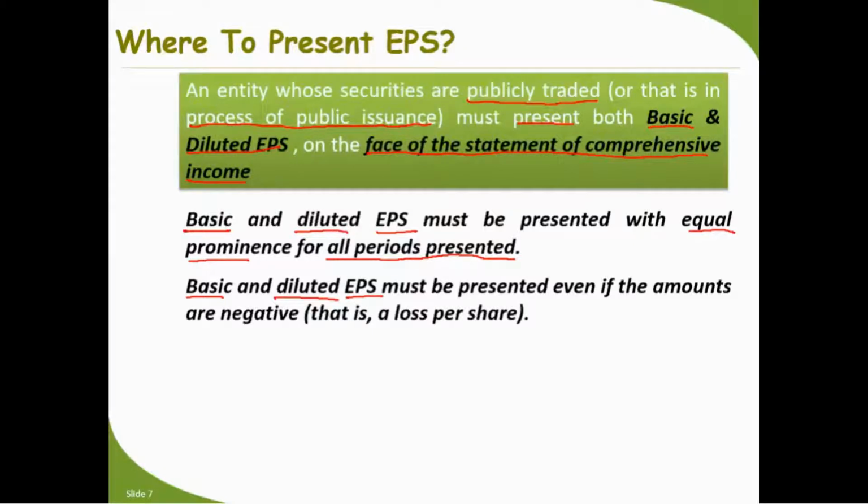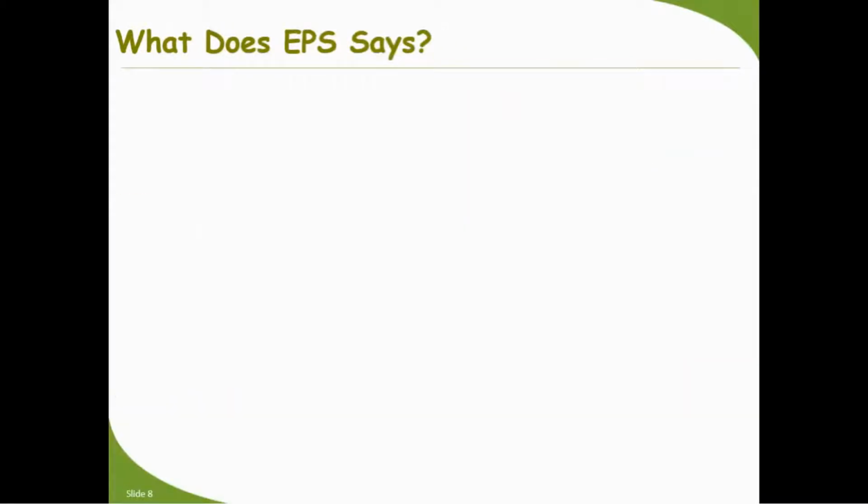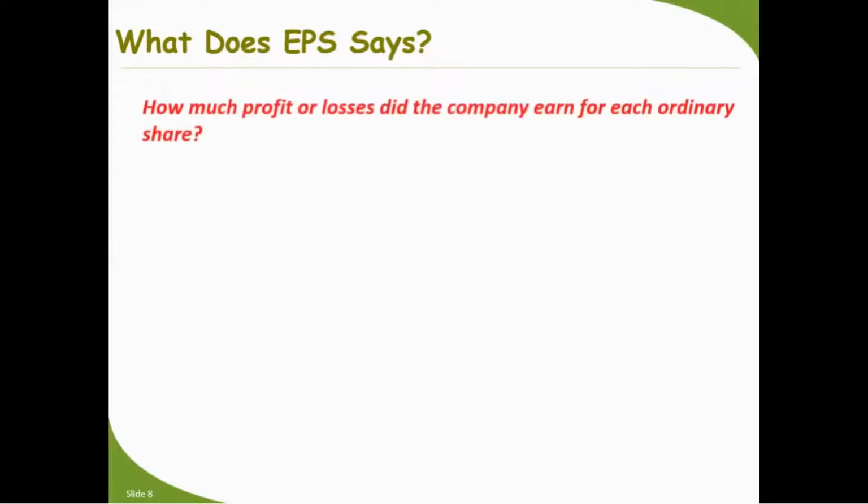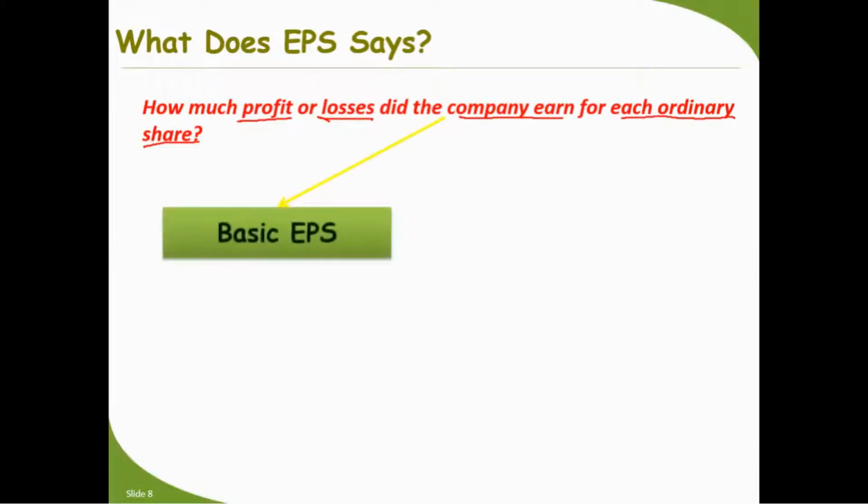Okay. Now, what does EPS say? It says how much profit or loss the company earns for each ordinary share. So this is the measurement of performance of profit or loss per share, as is indicated from its name, earnings per share. Okay. So you have two things.